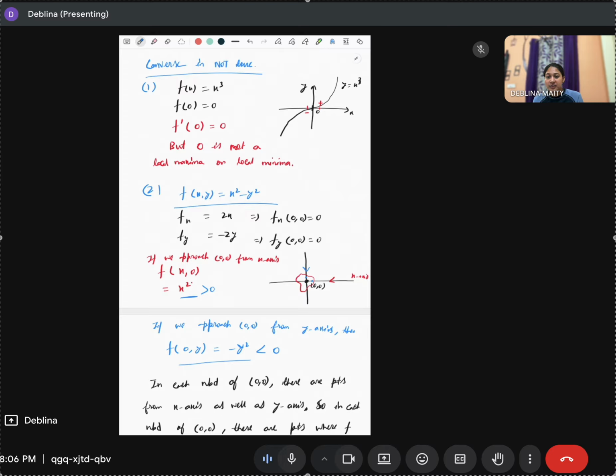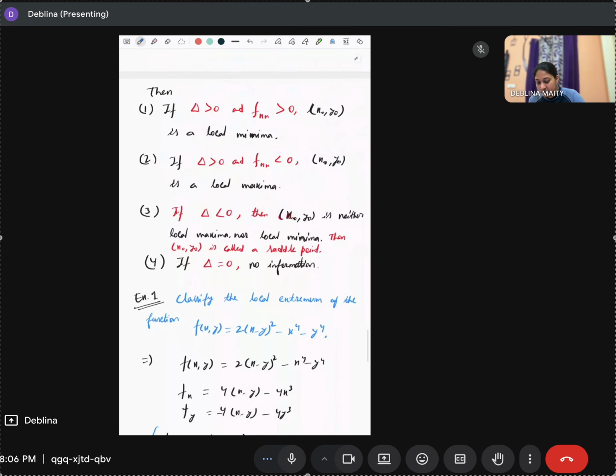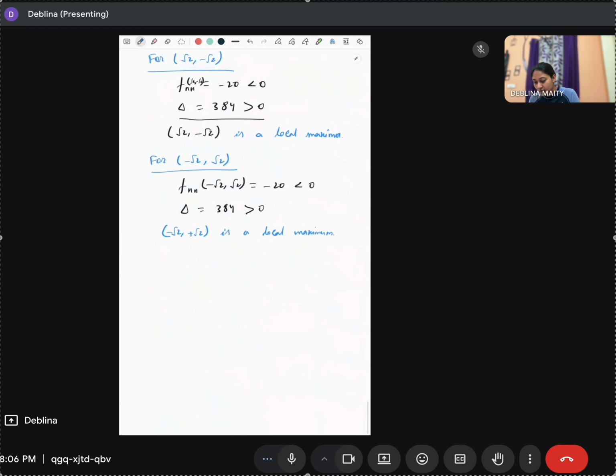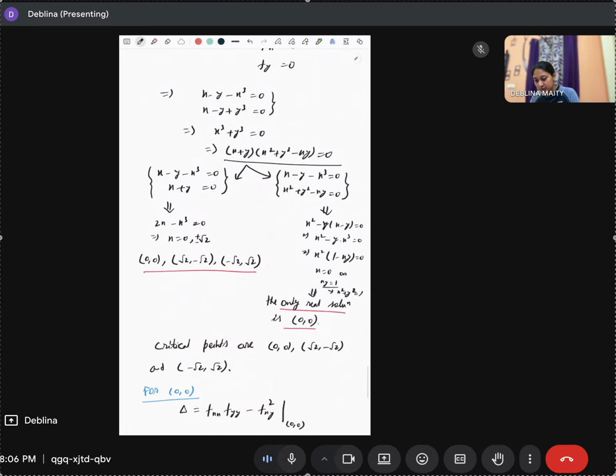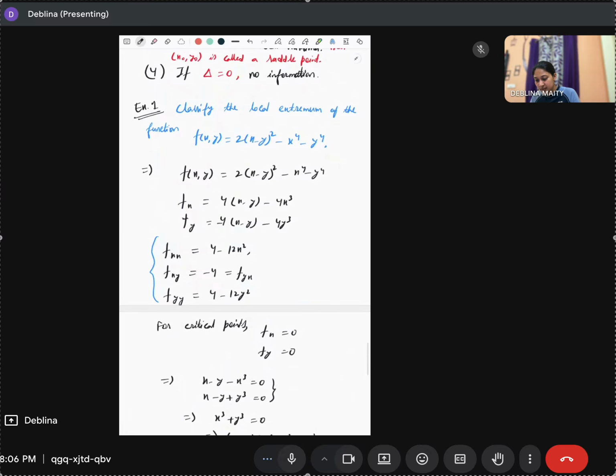In one of these directions the value will be positive, and in the other direction the value will be negative in a neighborhood of 0 0, right? So for 0 0, f00 is what? F00 is 0, right?